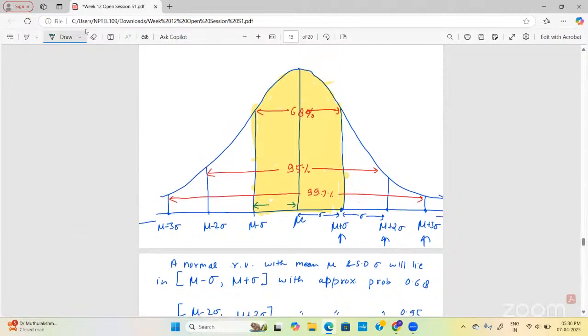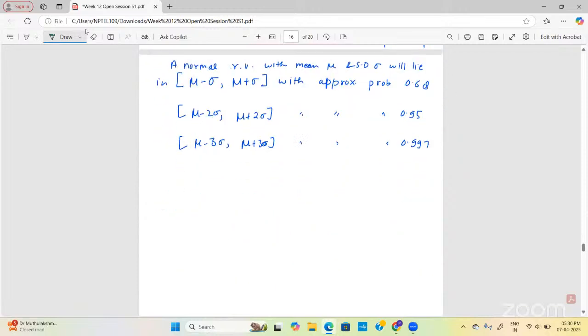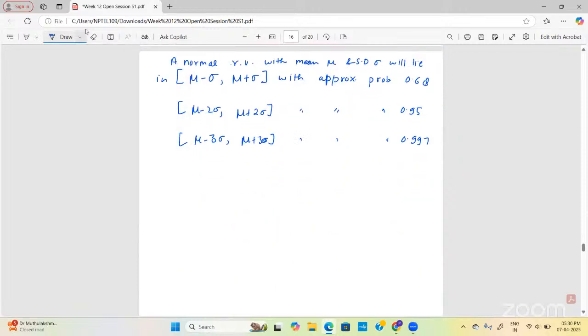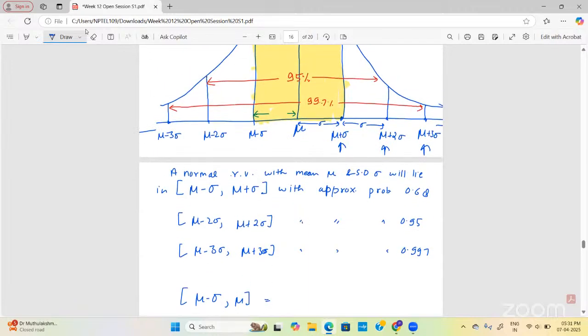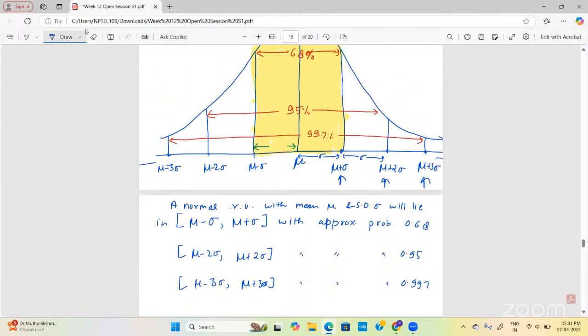Now if you have to find this region only, the half of the yellow region to the left side, then it should be 68 divided by 2 percent. So mu minus sigma to mu, in this region. Just try to see this area in the figure, mu minus sigma to mu.